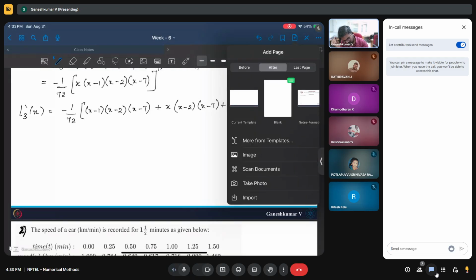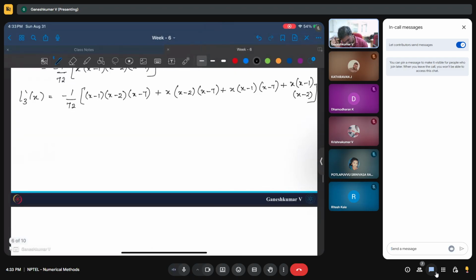Now we need to substitute the value of x at x equal to 3. It is minus of 72. 3 minus 1 is 2. 3 minus 2 is 1. 3 minus 7 is minus 4.